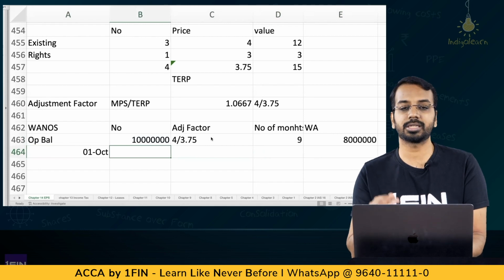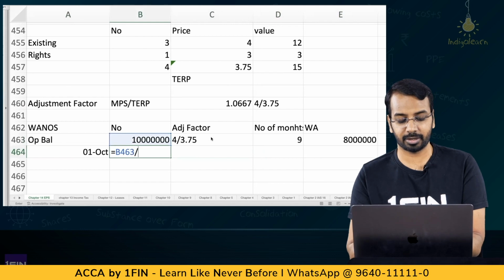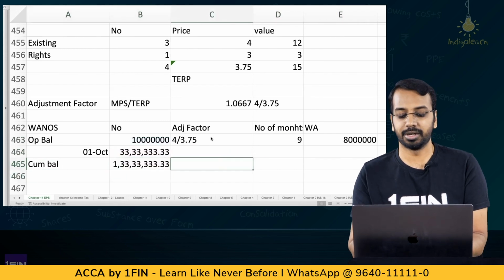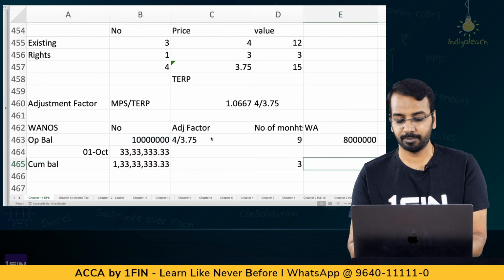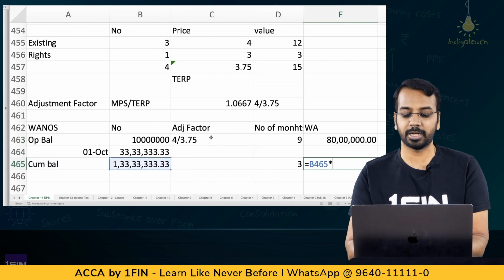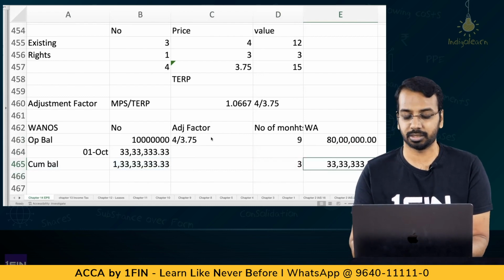1st of October, there is a rights issue. Right, and rights issue is 1 for 3. Right, so this is this divided by 3, 33.33. Cumulative balance is 10 million plus this. There will be no adjustment factor. Number of months 3. So weighted average is 133, 333 multiplied by 3 divided by 12. You get 33, 33, 333.